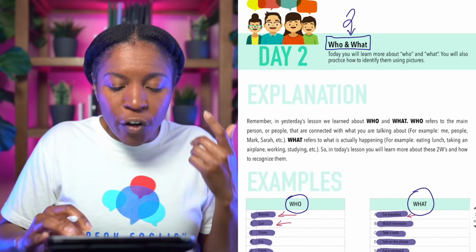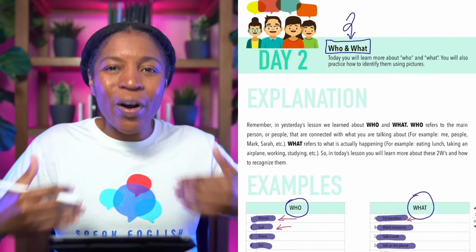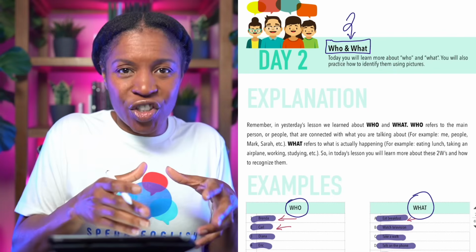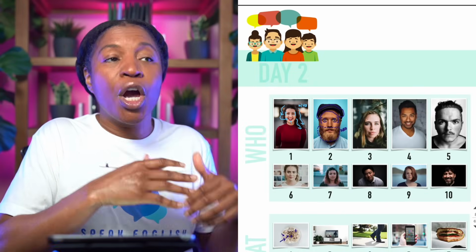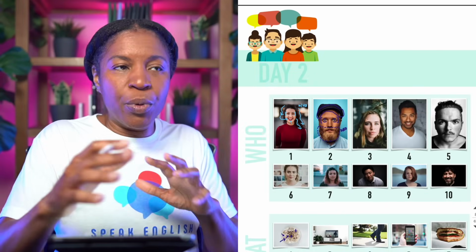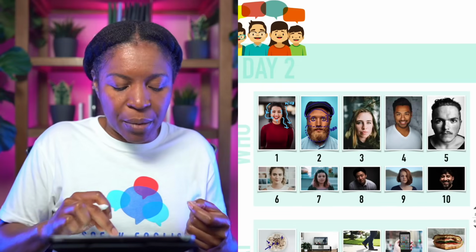So again, on day 2, you're focusing on the who and the what, going deeper and deeper into understanding how to describe individuals. Now, we just looked at 2 images, but you'll see if you get the ebook that there are 10 different images, and you can practice describing each individual, getting practice how to actually describe an individual so that you can start mastering this first aspect of the 5 W's method.